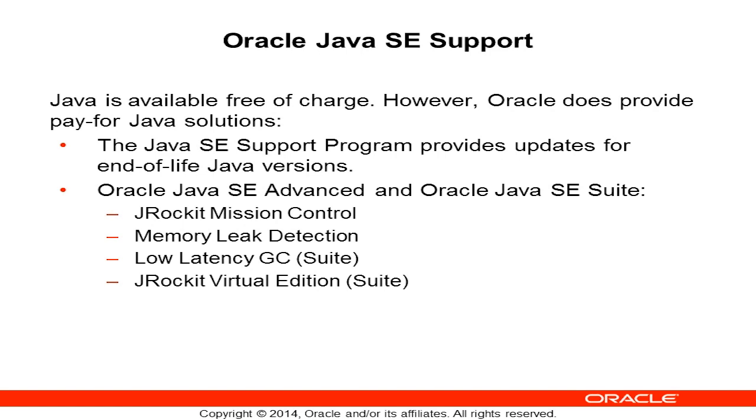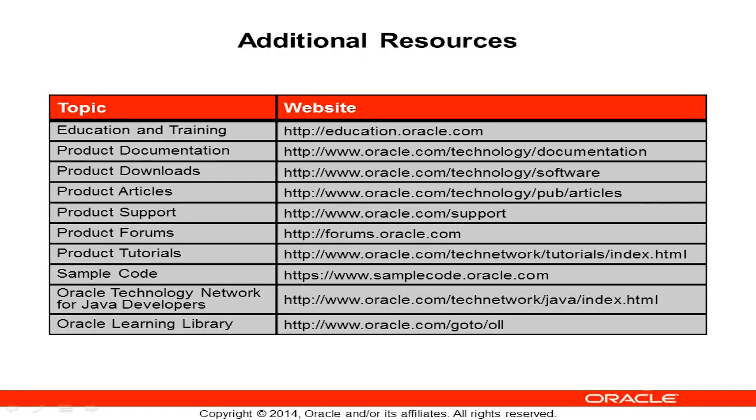If you need more information, you can go to oracle.com/us/java/se-suite-394230.html. Or I'm sure you can just go to the Java website and do a search for Oracle Java SE Suite binaries.